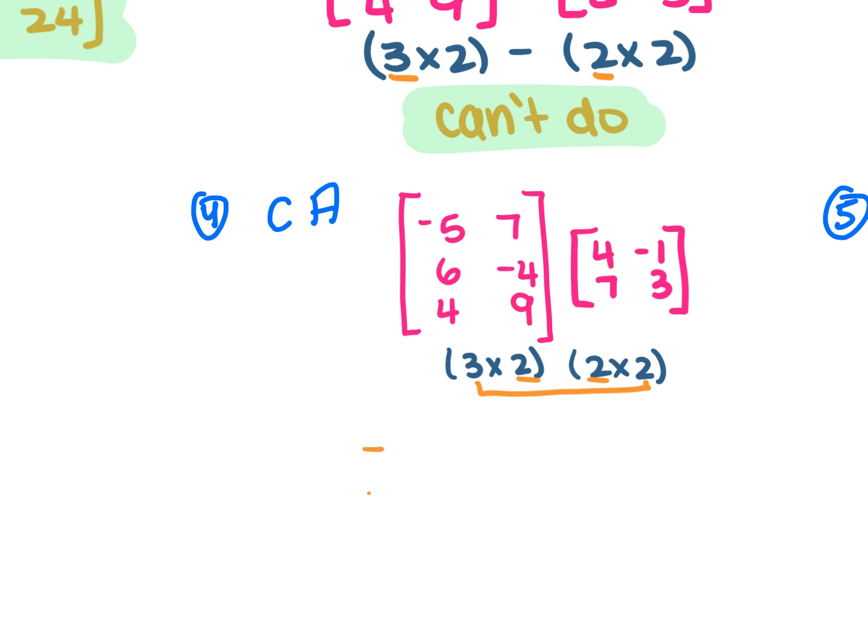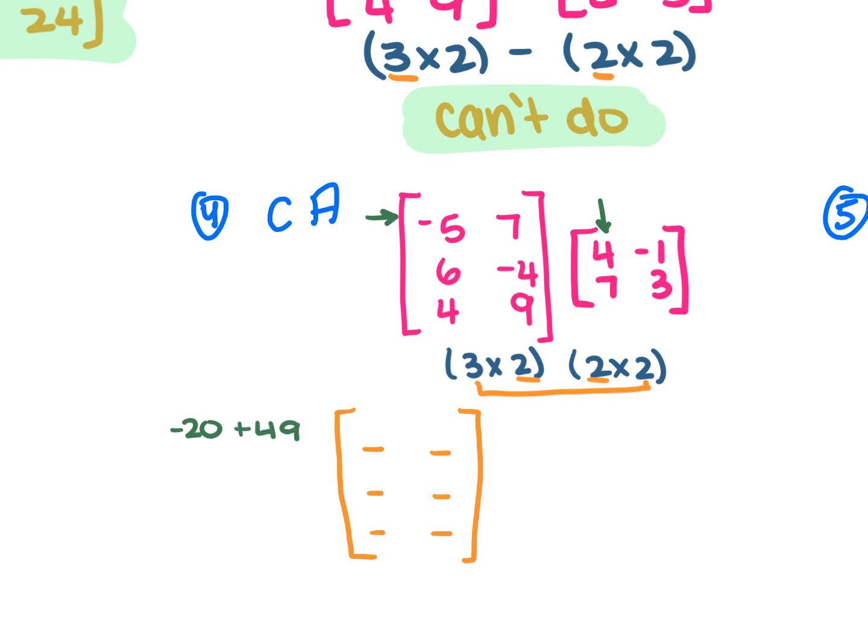So we're going to have 1, 2, 3, 1, 2, 3. We're going to start by doing first row, first column. So the first position, which is this one here. So we're going to multiply first row by first column. The -5 times 4 is -20. 7 times 7 is 49.